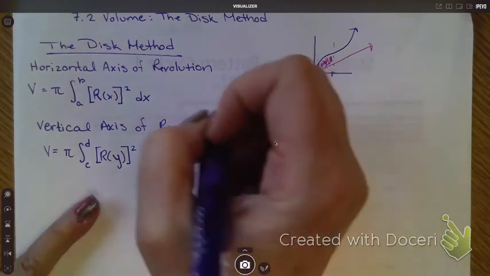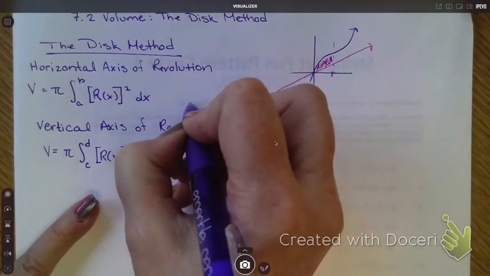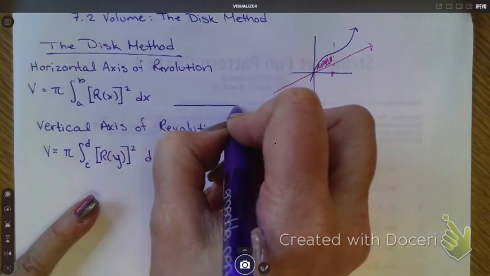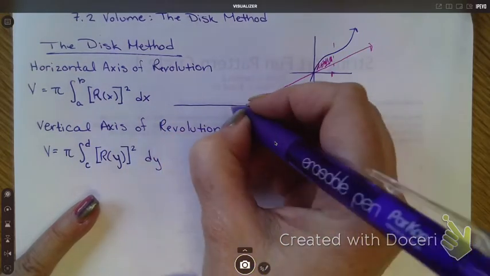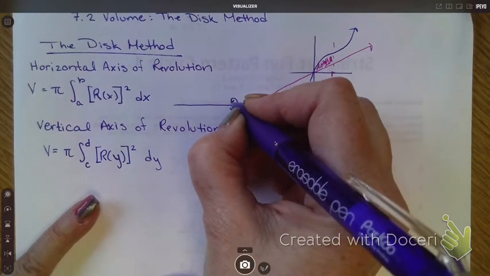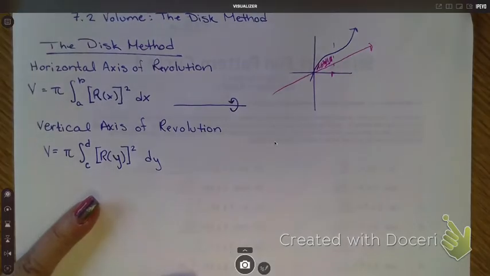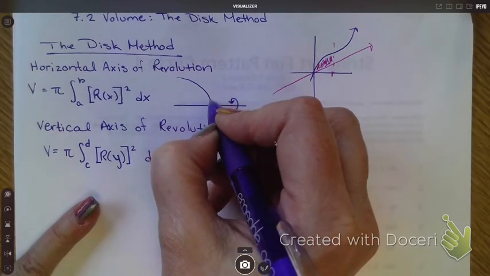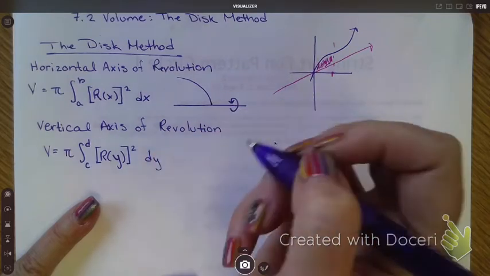So for your X, an example of that, I'm not going to put the x-axis, I'm just going to put, like, here's my axis of rotation, and we signify that with a little arrow. See how that's rotating around that axis of this shape?